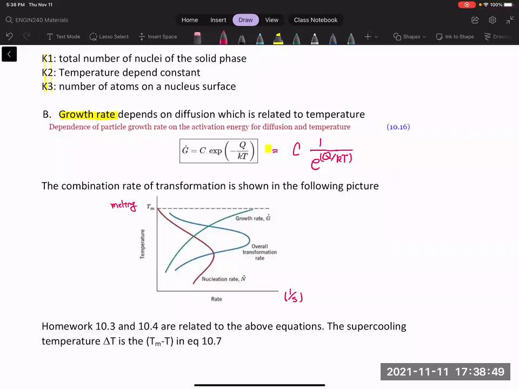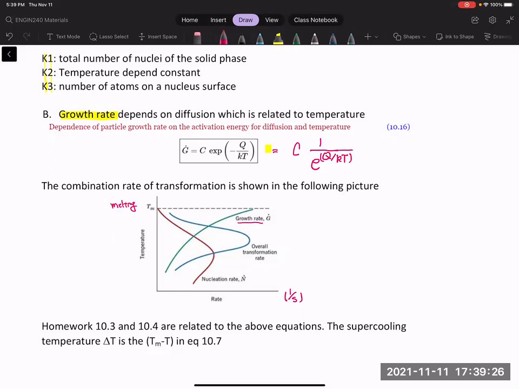Then opposed to this one, we also have a growth rate. The growth rate depends on the temperature. The higher the temperature, the higher the rate of the diffusion. So the growth rate is going to be higher. That's why this one just keeps on growing, because higher temperature means higher growth rate. And then you combine these two to get the overall transformation rate. You can see this overall transformation rate does not just go up or go down.